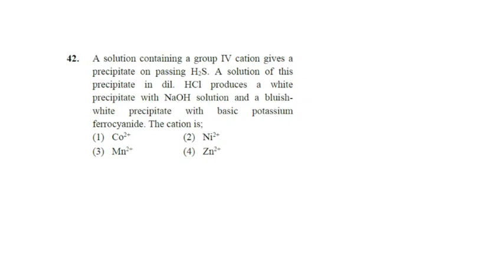A solution containing a group 4 cation gives a precipitate on passing H2S and dilute HCl. Yes, the fourth group reagent is dilute HCl and H2S, and we have zinc and nickel in that. A white precipitate with NaOH solution means definitely it is Zn2+ ion, because it readily forms zinc hydroxide turbidity, which is a white precipitate.